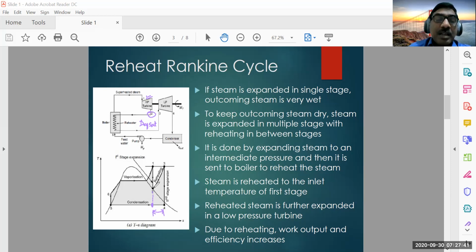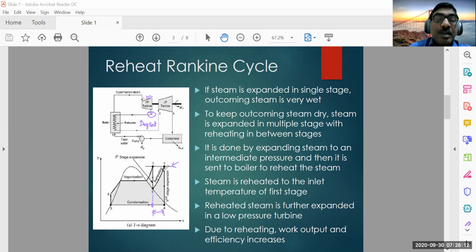And from there, again, we are going to send the steam. You can see here that we are sending the steam again to the boiler to reheat. The steam that is coming out of the high pressure turbine is again sent to the boiler and reheated till the inlet temperature of the high pressure turbine. This is another important point. We have to maintain this same temperature, then only we will be getting the complete advantage.